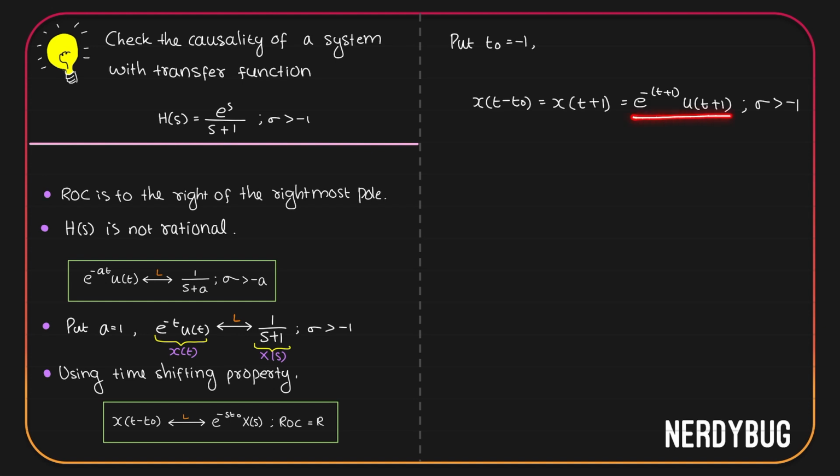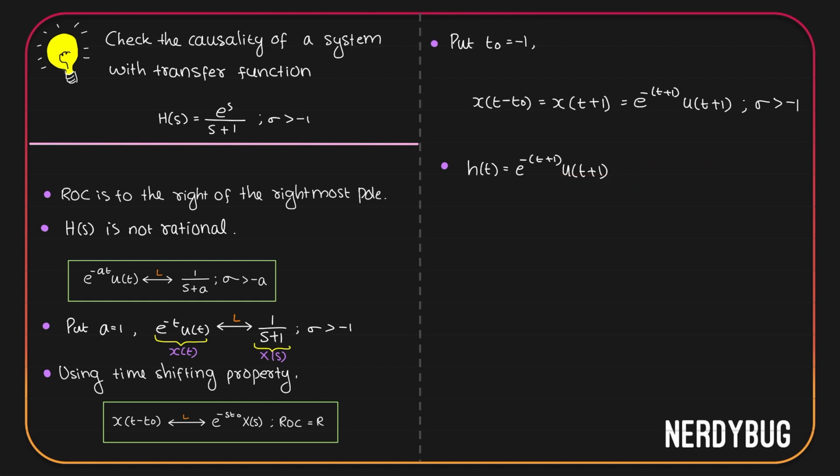What we got over here is the inverse Laplace transform of H of s. So that is our h of t or impulse response. Impulse response h of t is e raised to minus of t plus 1 u of t plus 1. U of t plus 1 is a shifted version of u of t. It has non-zero values from minus 1 to infinity.